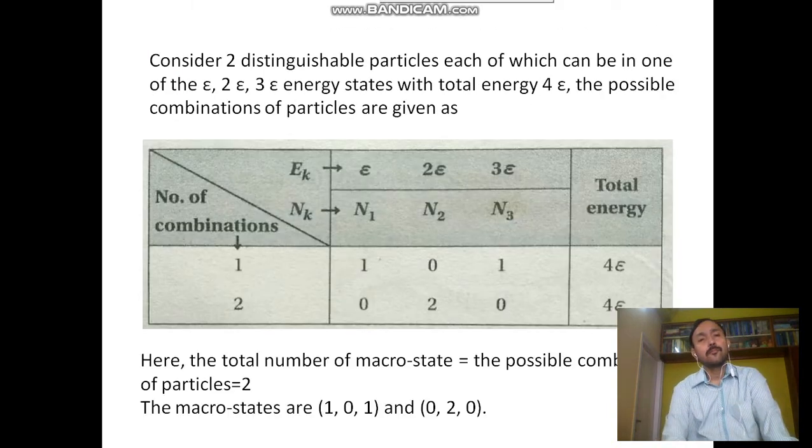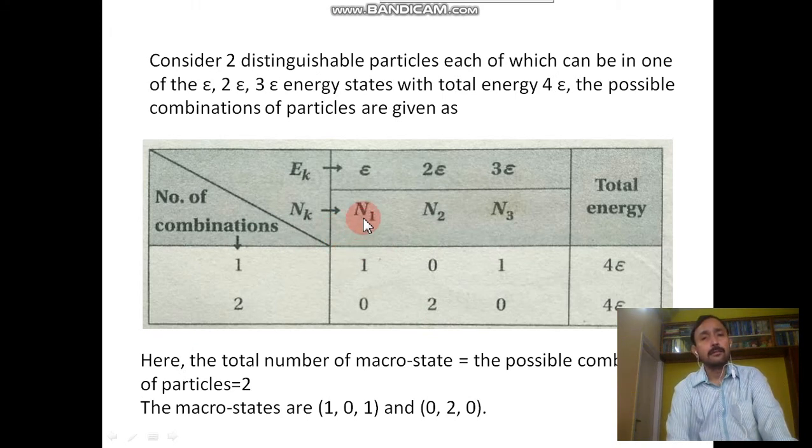Now consider an example. Here we have considered two distinguishable particles, each of which can be in one of three energy states: epsa, 2 epsa and 3 epsa, with total energy 4 epsa. The combinations are shown in the table.